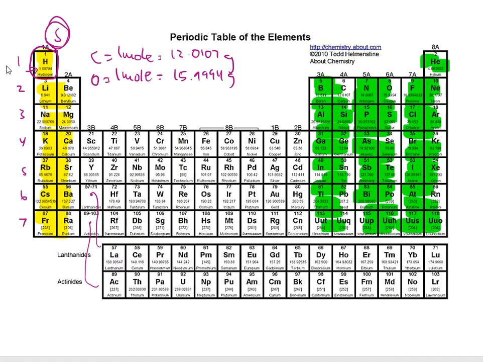Again, the table is structured a certain way, and this is one of the reasons it has this shape. I told you it was a very organized piece of literature, and now you're starting to see that even more so. All of the P subshells will be on the right-hand side after you go through the valley. And if we stop in that area, those electrons will be on the P subshell.